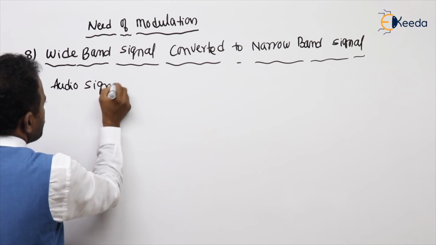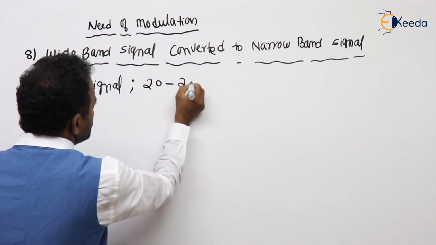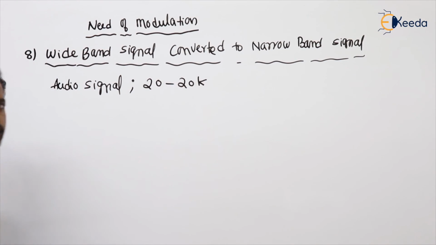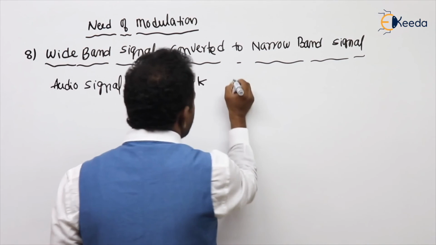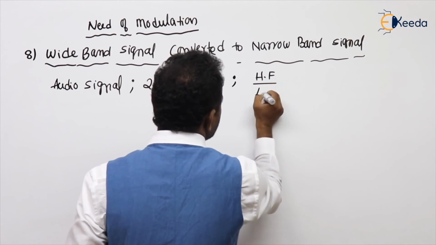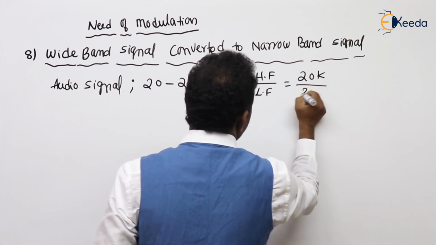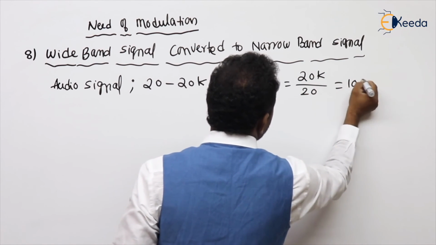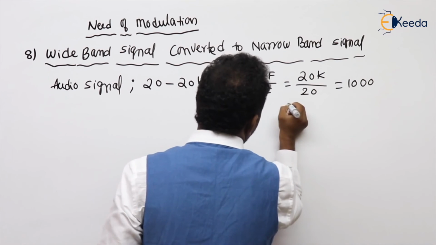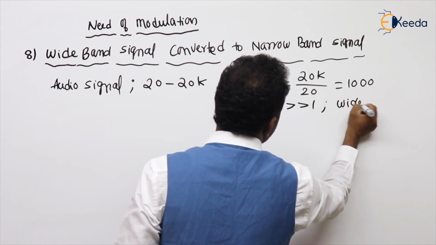What is the frequency range? The frequency range is 20 to 20K. Let's take the ratio of highest frequency to lowest frequency: 20K by 20 is 1K, means 1000. Far greater than 1 means it is a wideband signal.